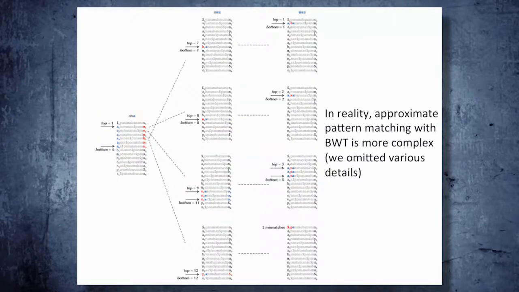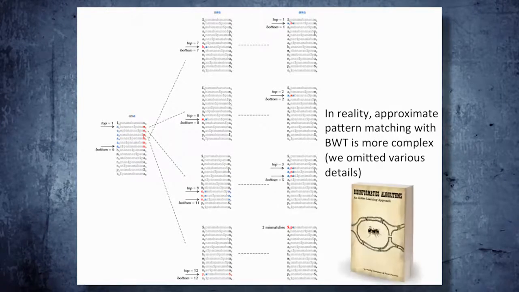I tried to hide some details of approximate pattern matching with Burrows-Wheeler Transform to make it a little bit easier for you to understand how it works. In reality, it is a bit more complex. If you want to learn about the details of approximate pattern matching with Burrows-Wheeler Transform, you can find these details in our Bioinformatics Algorithms course on Coursera or in our book.